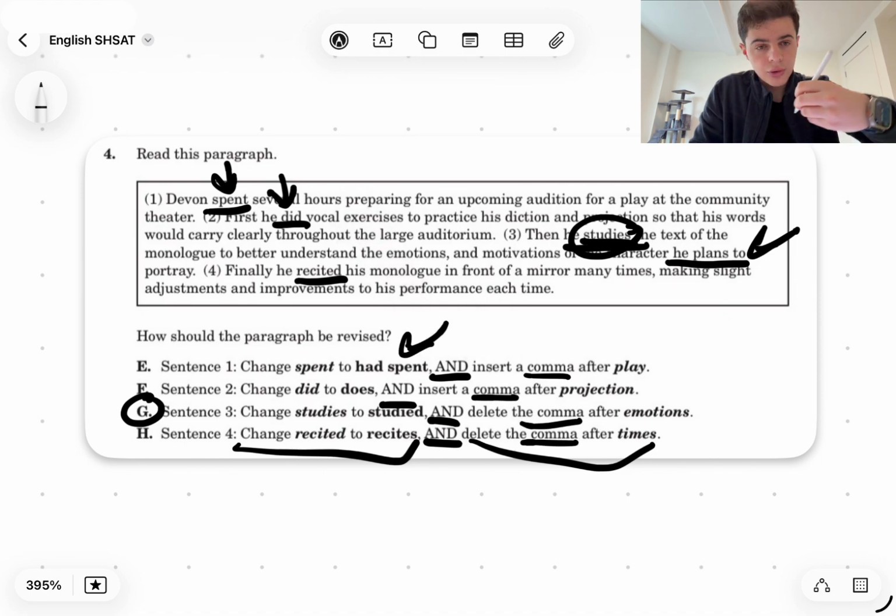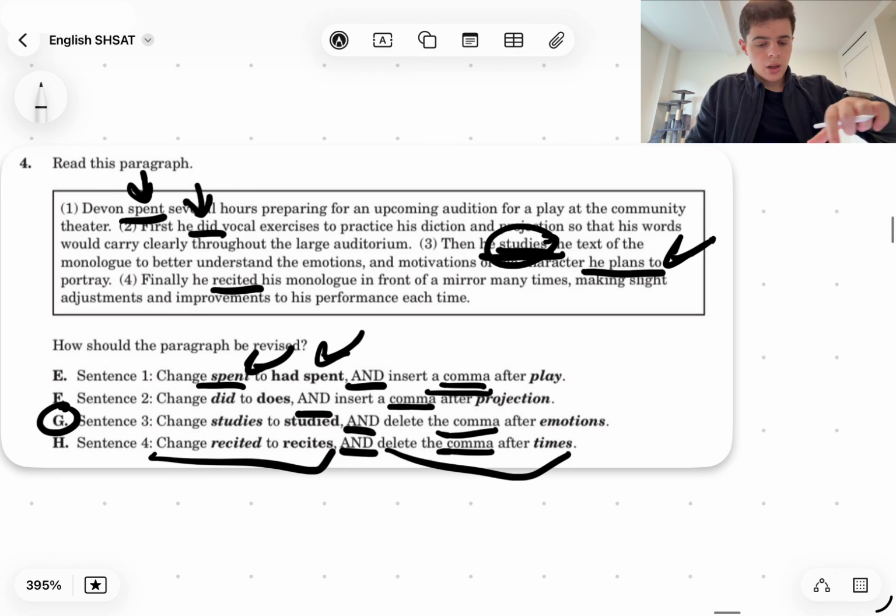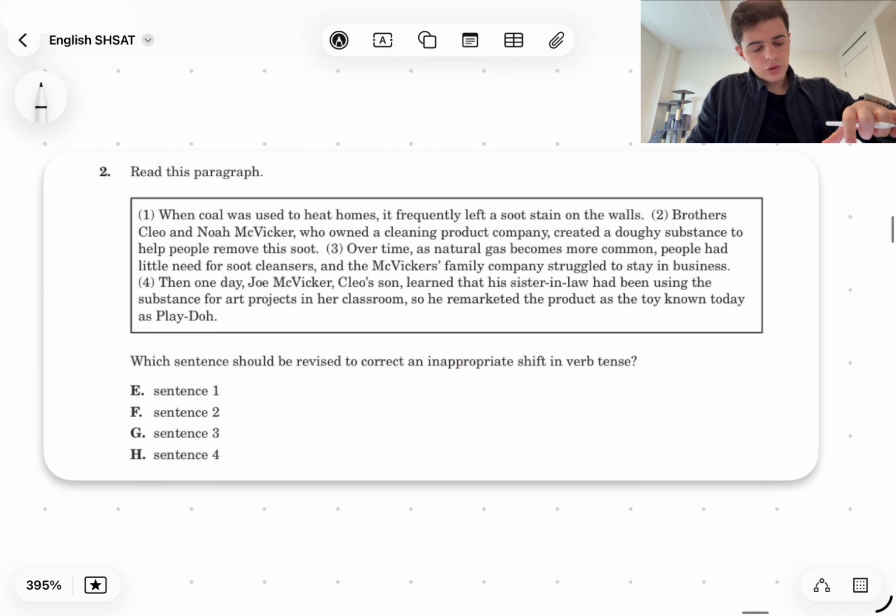So if you don't know about tense, but you do know about commas, then just by looking at the comma placement, you can eliminate the answers down to one right one. And vice versa, if you only know about tenses, but you don't really know about commas, you can limit it down and get the right answer without knowing anything about the commas. So they're helping you out here by giving you two different parts, which are each looking at a different thing. Okay, so now let's look at the other question.